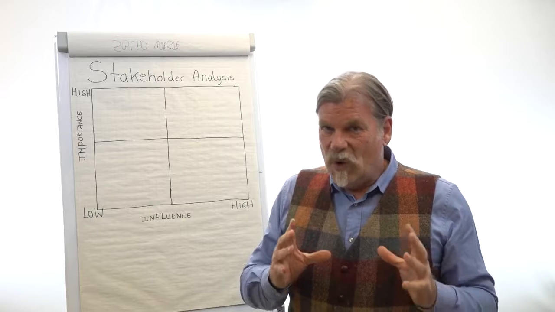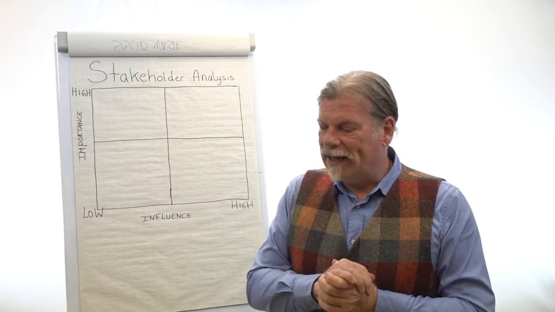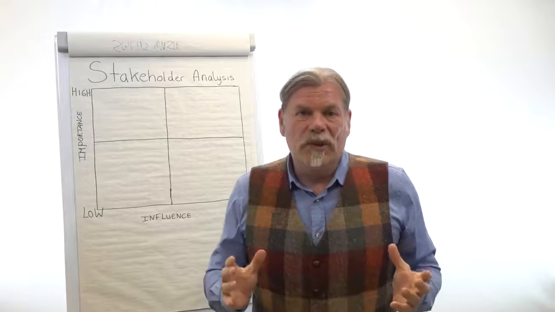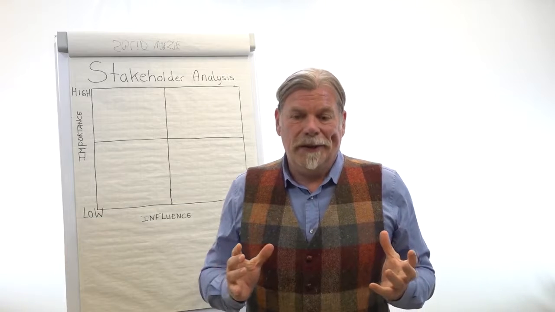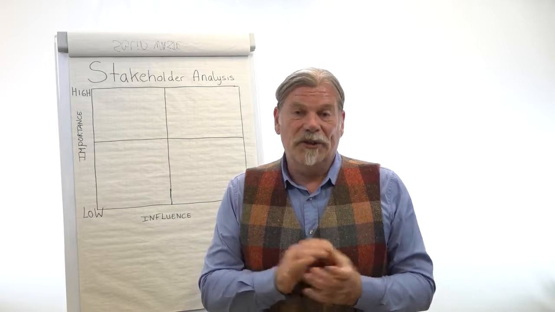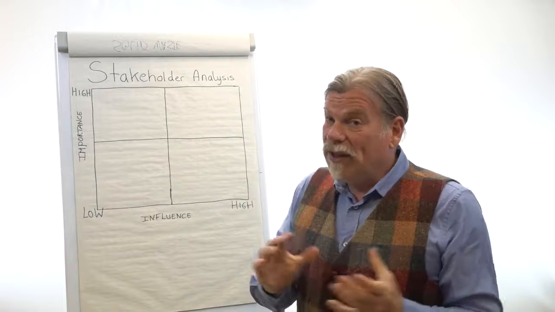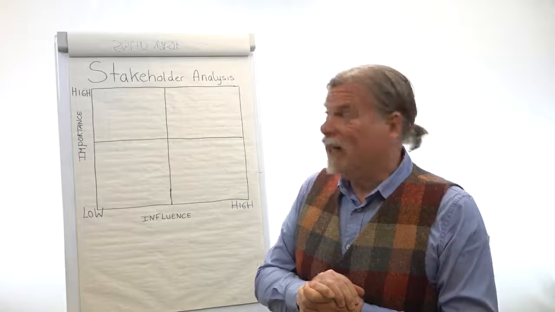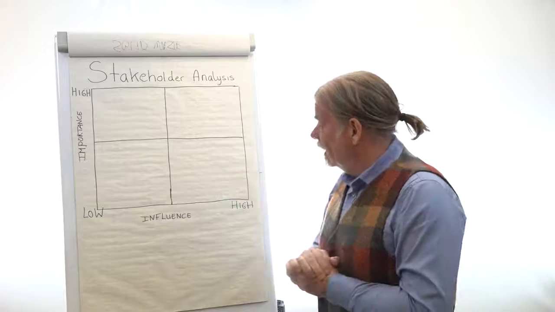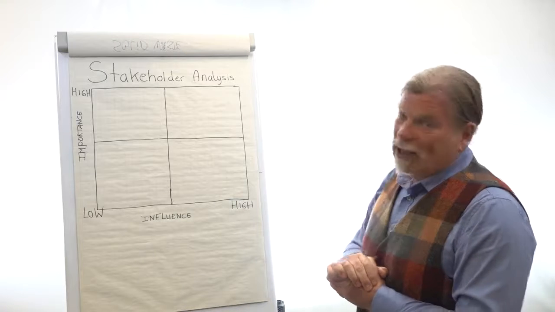specific way of making a stakeholder analysis, and it's a very simple and let's say easy tool. It's not rocket science, so to say. So you only need a matrix for it. I already drew it on the paper. It's 2 dimensions.